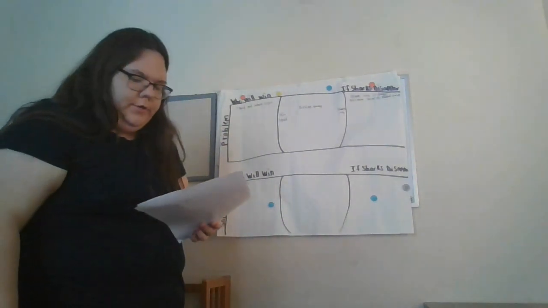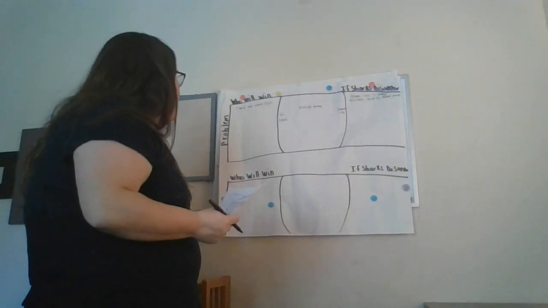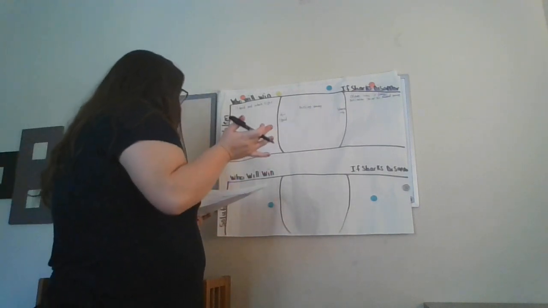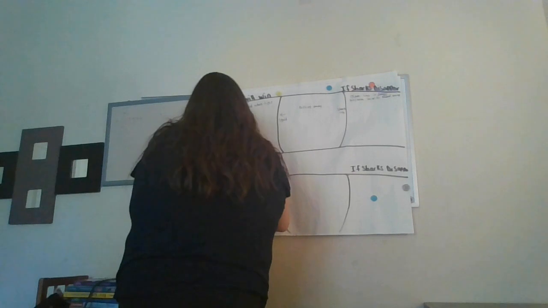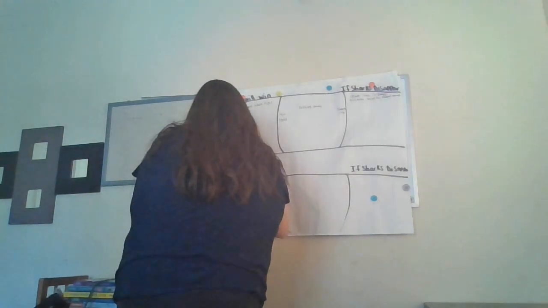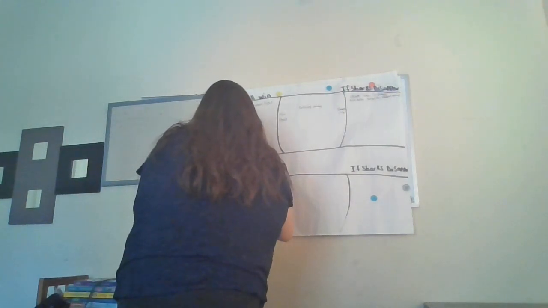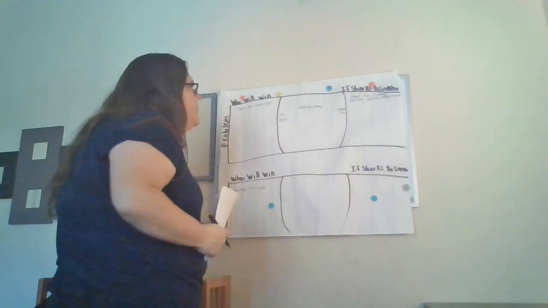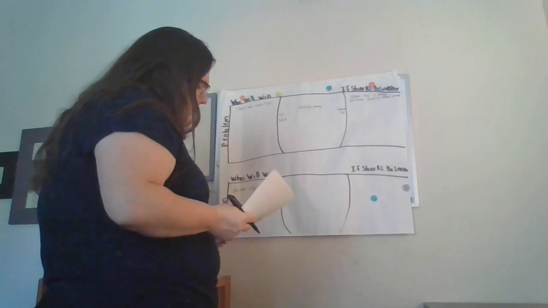All right, now last but not least, let's think about some solutions that we saw in our stories. So let's think about Who Will Win. So we were talking about the animal life cycle. Good job. And let's think about a difference for If Sharks Disappear.